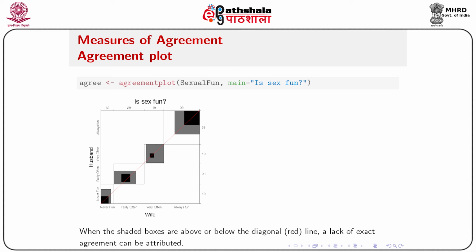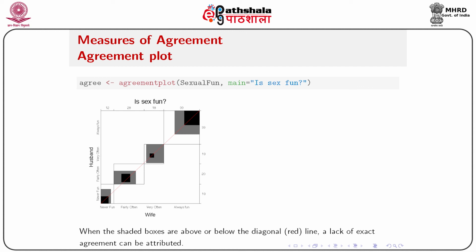And then when the shaded boxes are above and below the diagonal red line that is displayed, it is actually indicating a lack of exact agreement. So if you see the always fun, both husband and wife are telling it is always fun actually, because it's completely on the middle line.